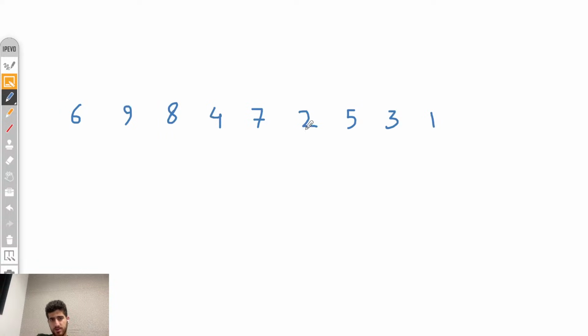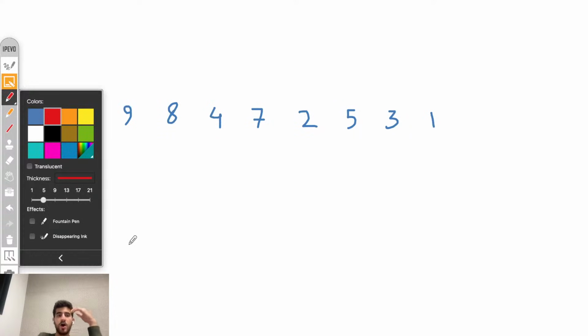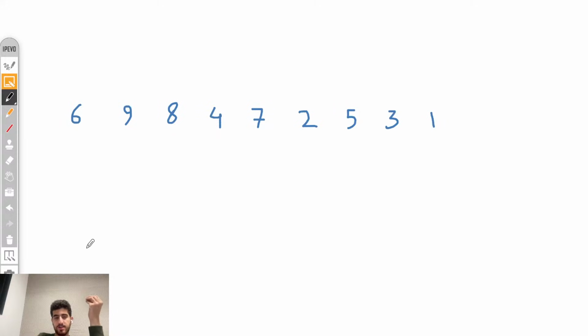Have I written everything? Yes, I wrote everything. So let's consider all the numbers now. I want to show you exactly on this example how everything would work. I have 1, 2, 3, 4, 5, 6, 7, 8, and 9.